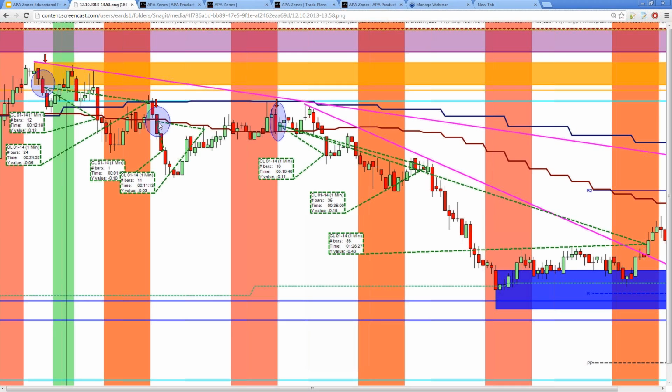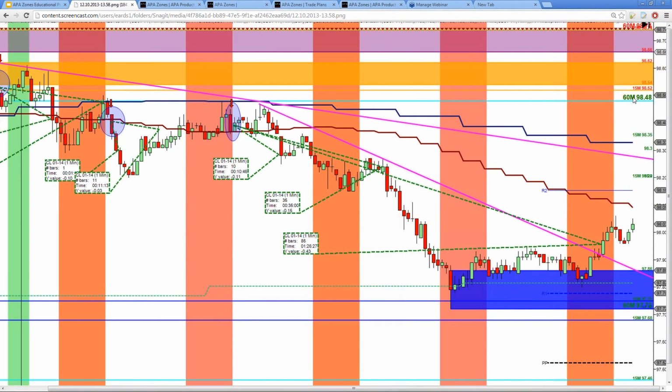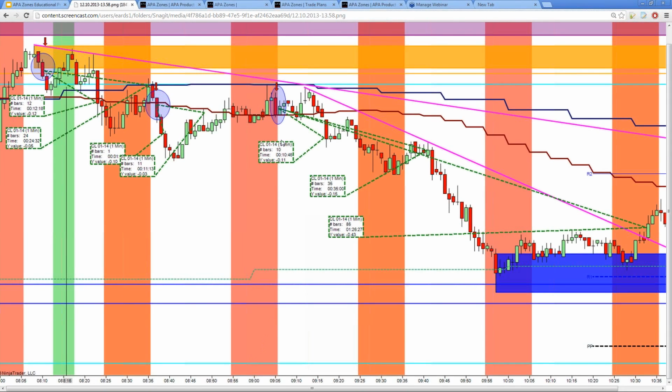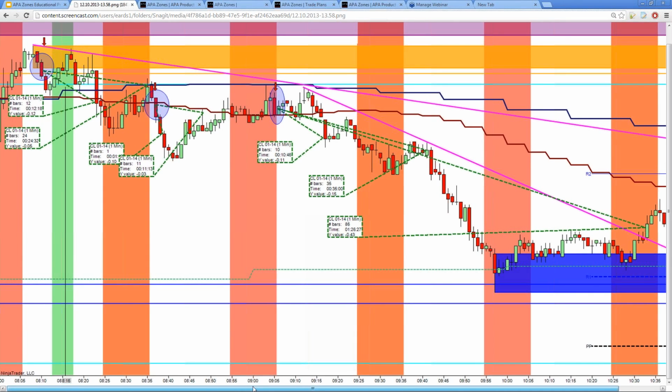So he got back in as he saw fit. Engulfing bar, it looks like it was a zone bounce off of a 15-minute. No, off of a 60. Interesting. So I saw that and got back in. So another 10 ticks, and he did another stop out. Interesting. And then got right back in at the bottom of the hour, or at 9 o'clock, and let that bad boy run for a good bit.